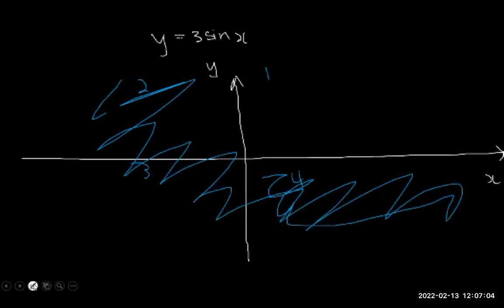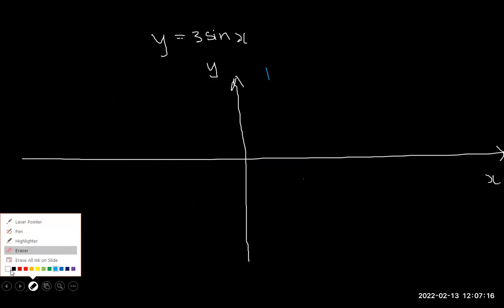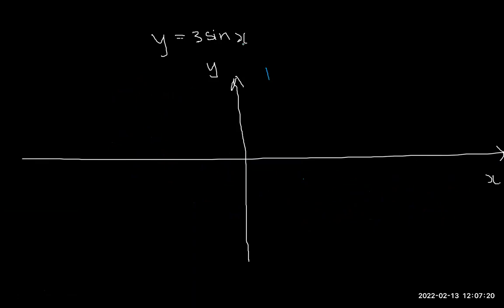You were supposed to recall what the sine graph looks like. So because there's a 3 here, we know usually the sine graph, if I had y is equal to sine x, the maximum value for the curve is 1, minimum is minus 1.